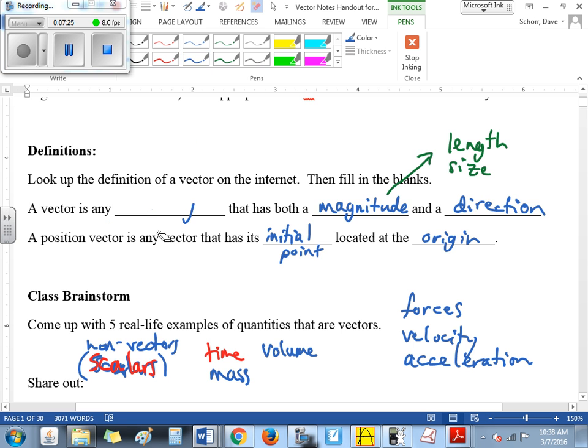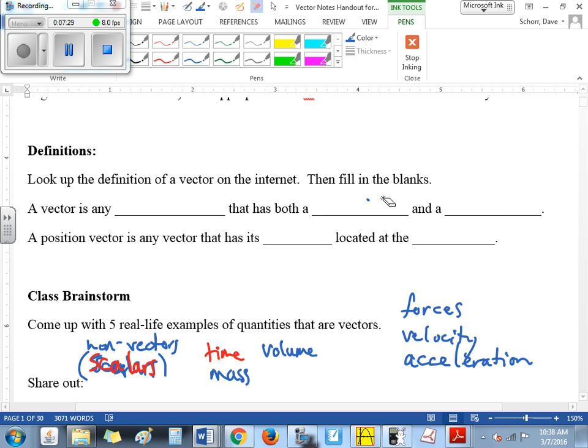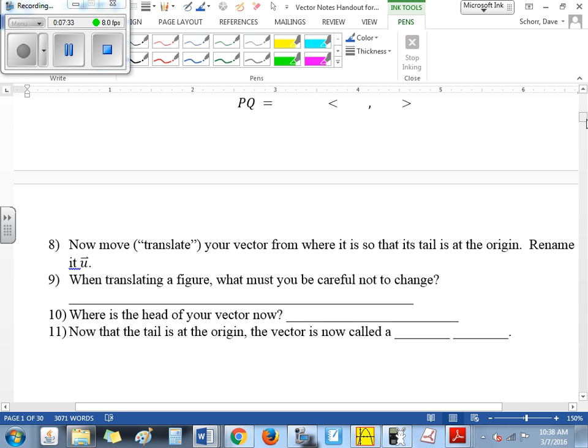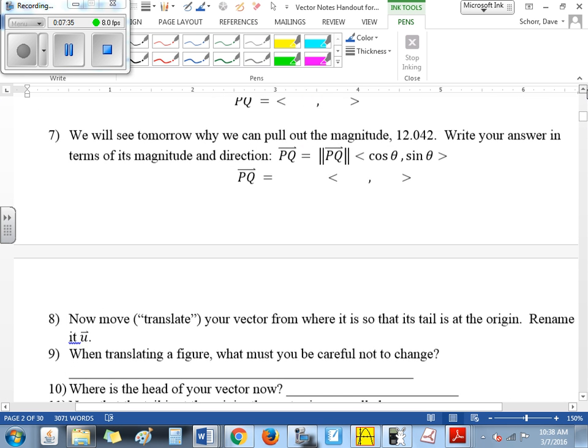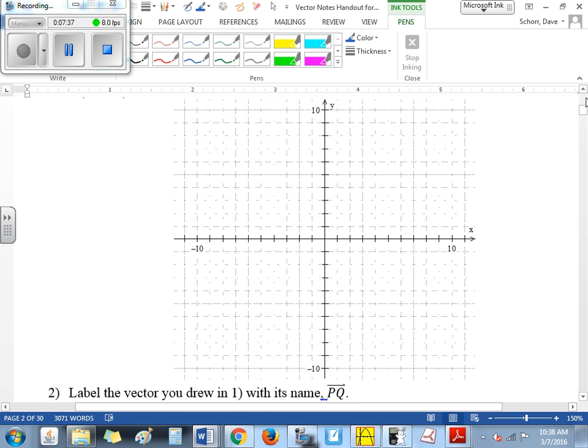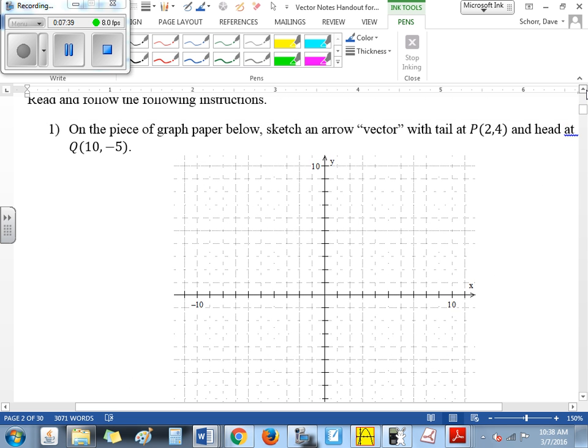Okay, let's go to our next section. In this section, we're going to draw a little bit. We're going to start off by drawing a vector with its tail at 2, 4 and its head at 10, -5.